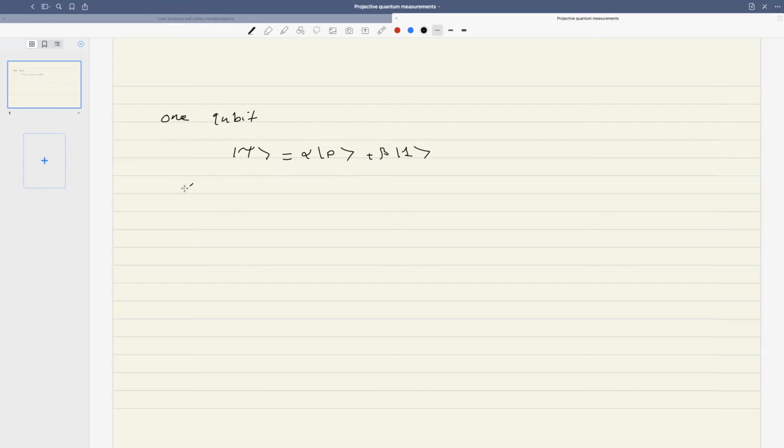So consider a measurement in the computational basis, (0 and 1), basis represented by these two vectors.